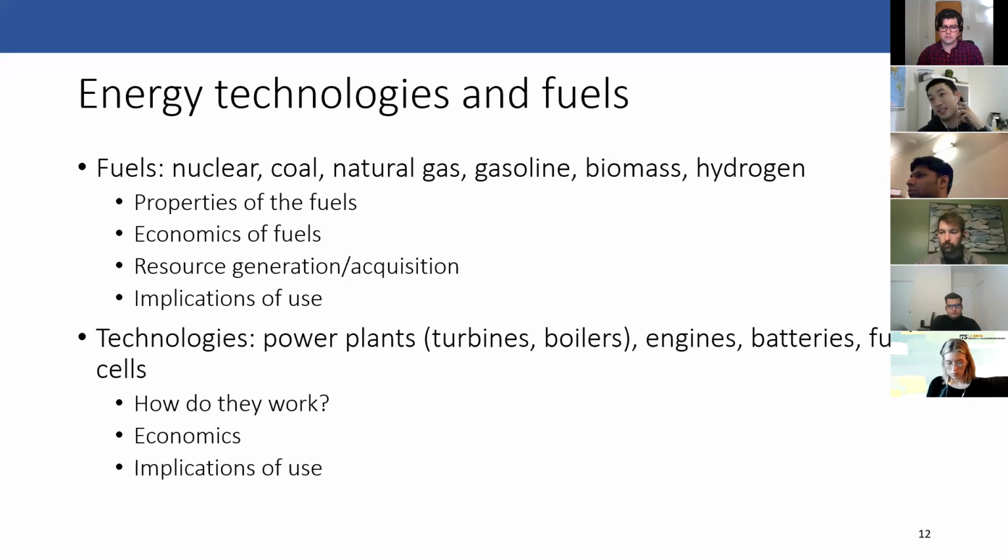That relates to some of the impacts that we talked about before, including emissions, both for greenhouse gases and criteria pollutants. We'll also be talking about the technologies that use these fuels: power plants, engines, batteries, fuel cells, how they work, what the economics associated with them are, and implications of use, how they've changed over time, and so on.